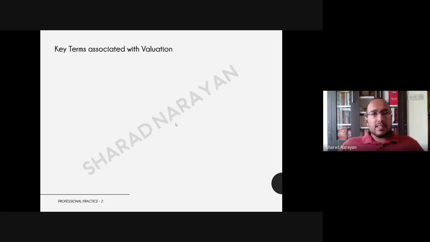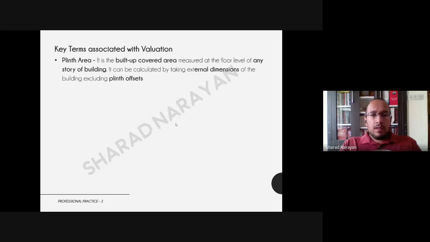Now, we have to start looking at some key terms which are associated with valuation. Since we are talking about it in terms of architecture and construction over here, we have to look at it purely from the idea of an asset which is a building. So the first thing that we talk about is the plinth area.